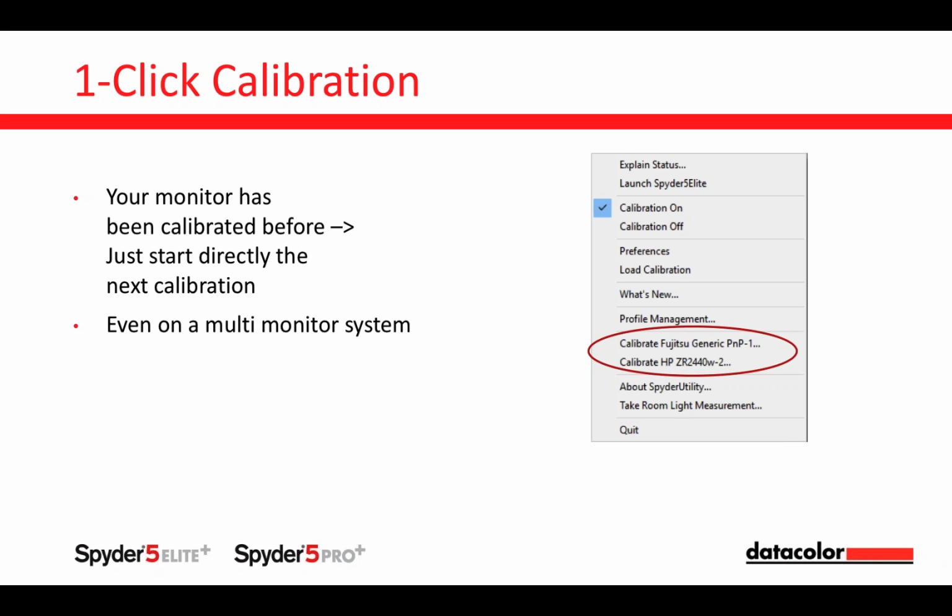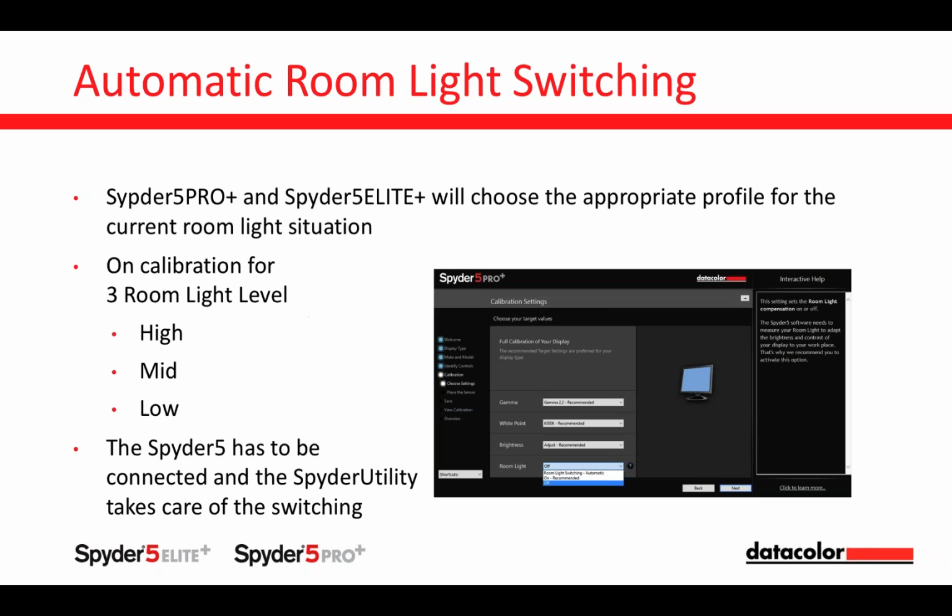Then John mentioned another function, which is the automatic room light switching. That comes with the Spyder5 Pro and Spyder5 Elite Plus upgrade. And what is the sense behind it?